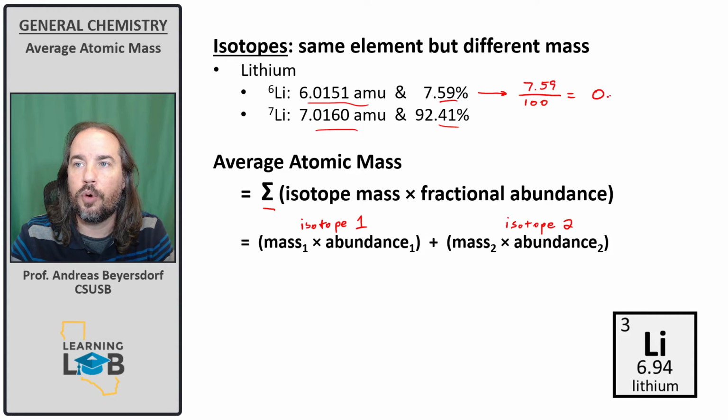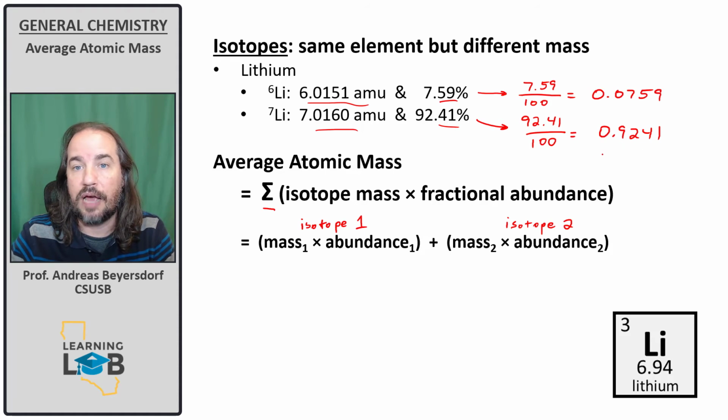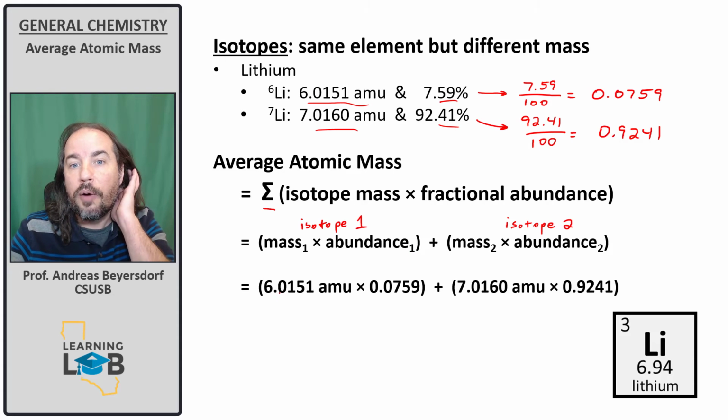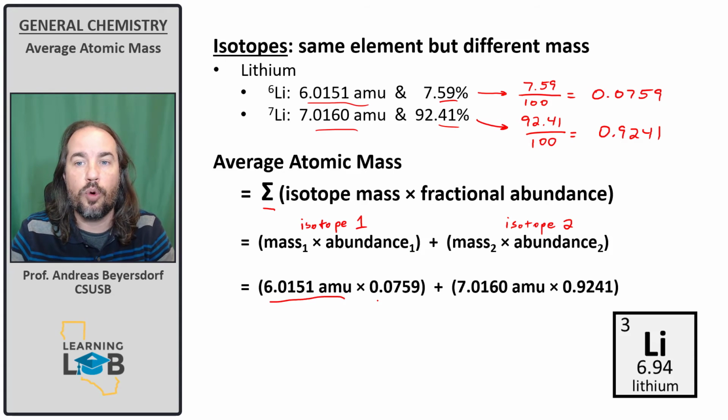So that'll be 0.0759 for lithium-6, and it will be 92.41 divided by 100, or 0.9241 for the lithium-7.